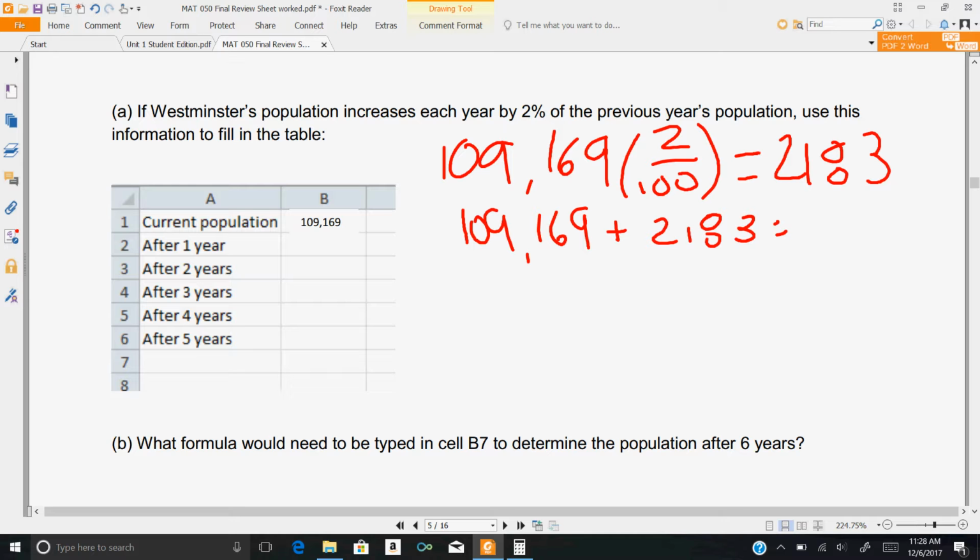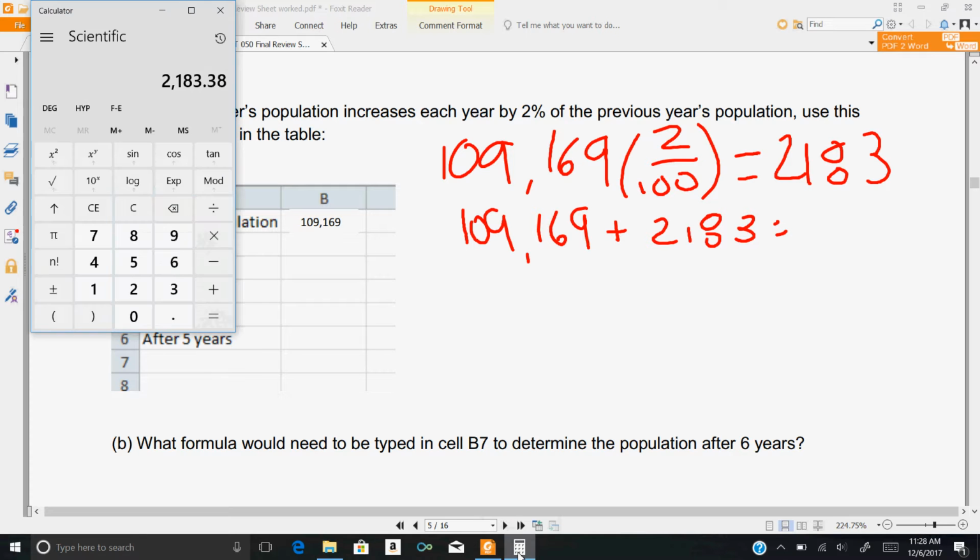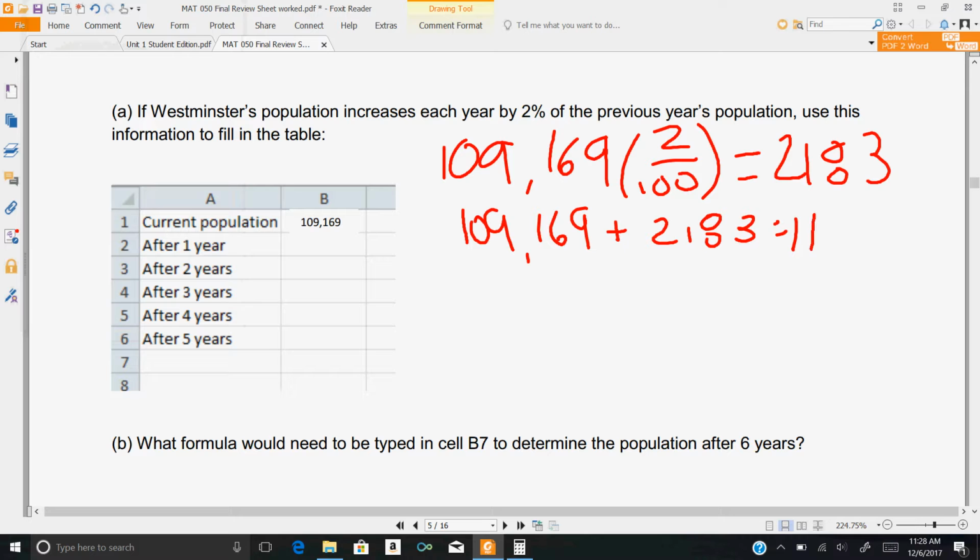And I can do that on the calculator. 109,169 plus 2,183 equals 111,352. So I can put that in my table.